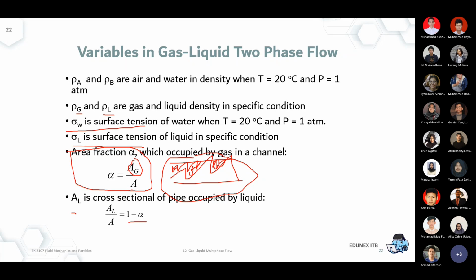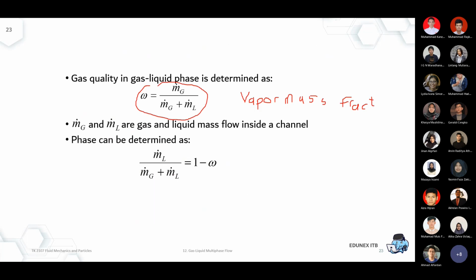Okay. So of course we need to know the density of the gas, the density of the liquid, and then the area occupied by the gas and the area occupied by the liquid, which can be derived from the correlation by the fraction. Over here it is expressed as omega, which is the vapor mass fraction.